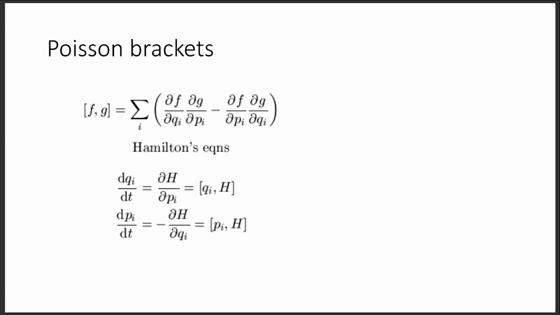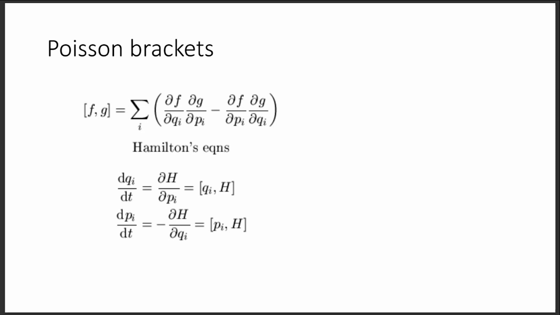So a Poisson bracket is an antisymmetric differential operator made out of f and g. F and g are just two functions of phase space, so they're functions of q and p, position and momentum, and it's defined to be this: a sum over dimensions of df by dqi times dg by dpi, minus the same in the reverse order.